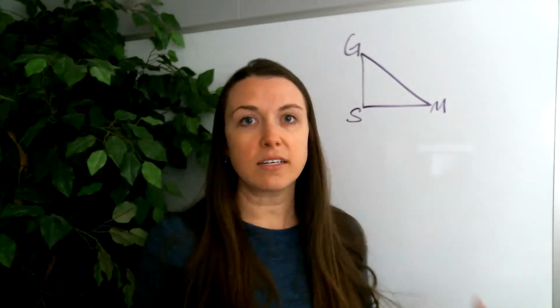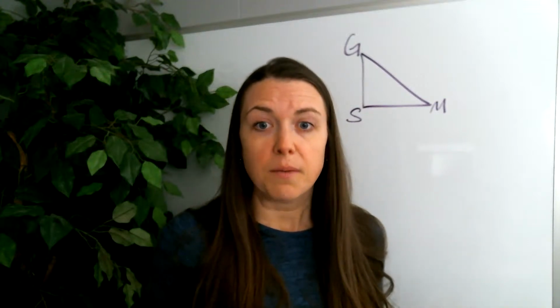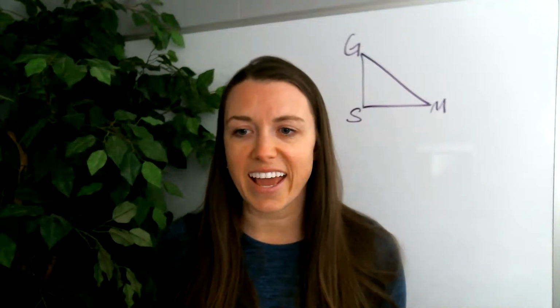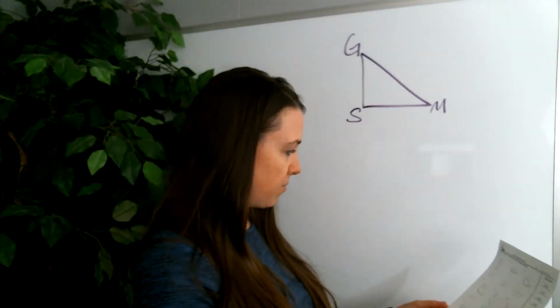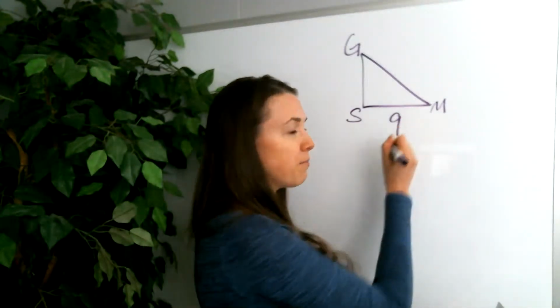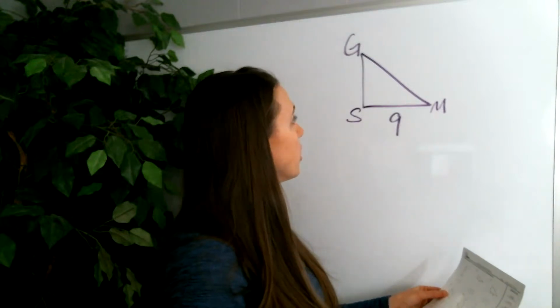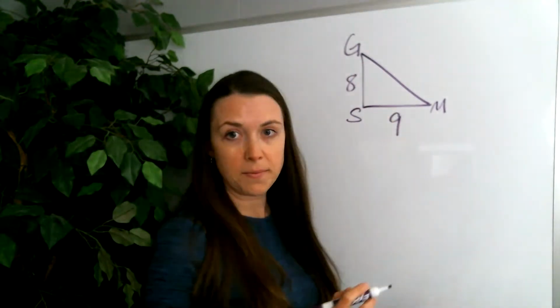So I need to go to the grocery store, but first I have to stop by the school, okay? So we're going to say that the school is 9 miles from my house, and the grocery store is going to be 8 miles from the school, okay?